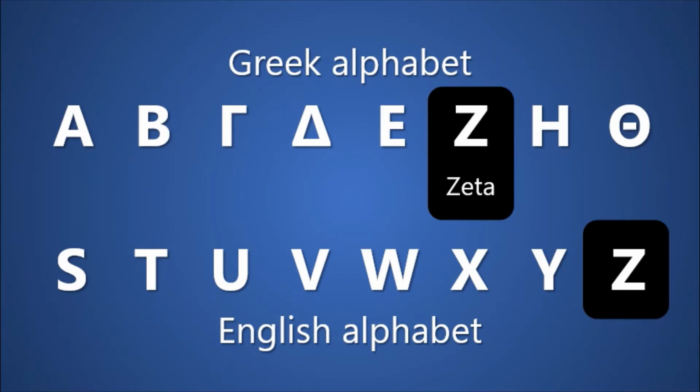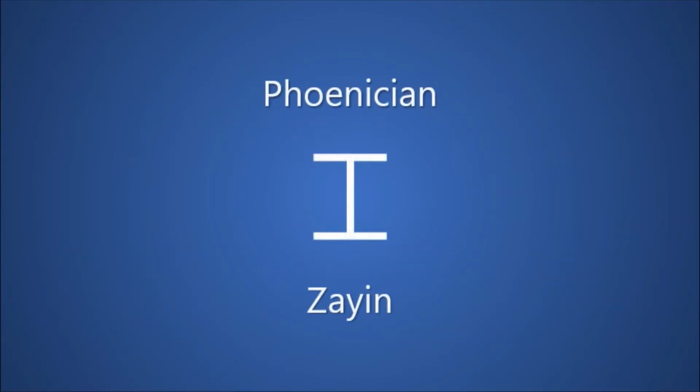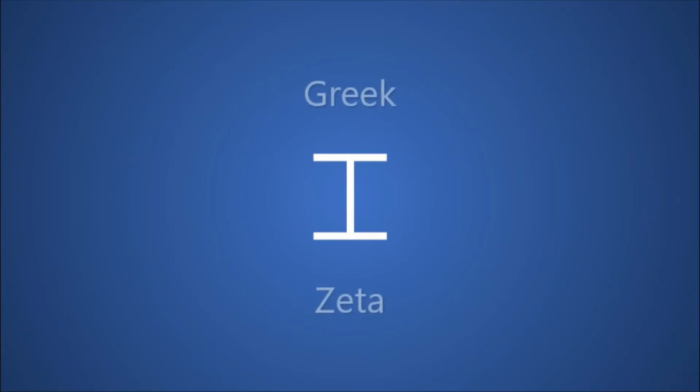Zeta came from the Phoenician letter zayin, which looked like this and had the sound Z. Some early Greek alphabets also had the letter zeta shaped like this. However, in some of them the letter changed to have this familiar zigzag shape, which eventually became the standard shape for zeta across Greece.